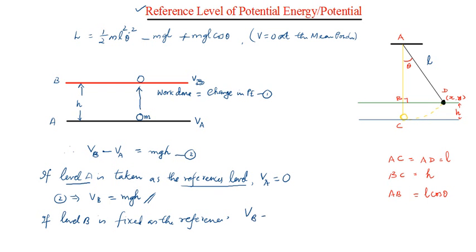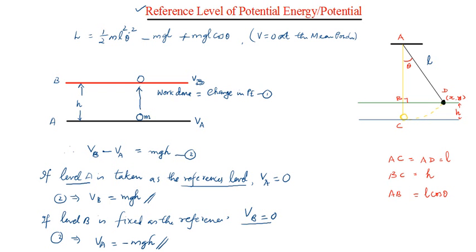That is the meaning of fixing a reference. When VB equal to 0, equation number 2 will tell you that 0 minus VA equal to mgh, right? It means that VA is equal to minus mgh.